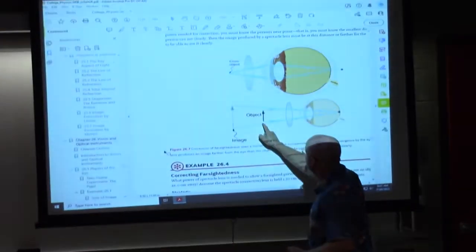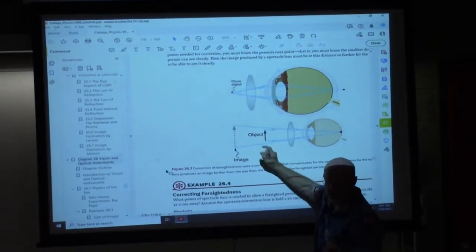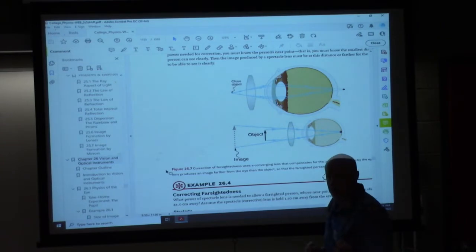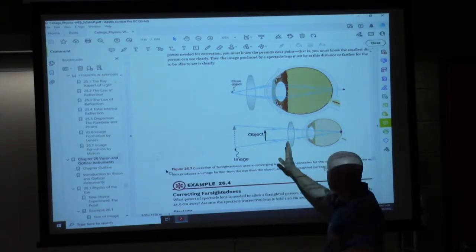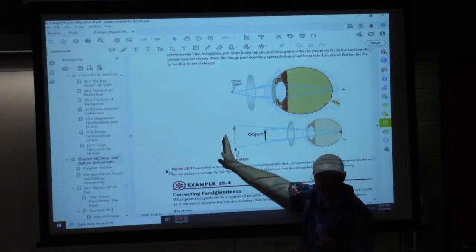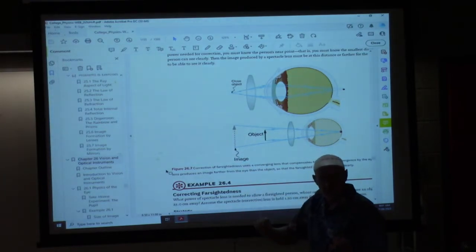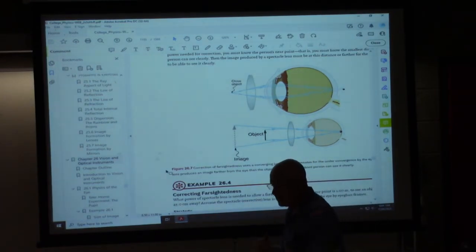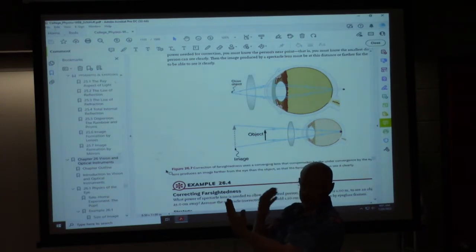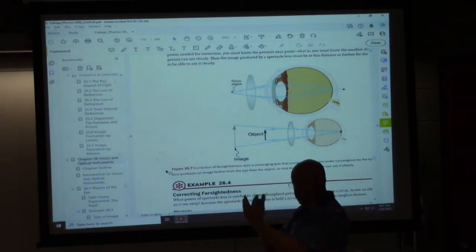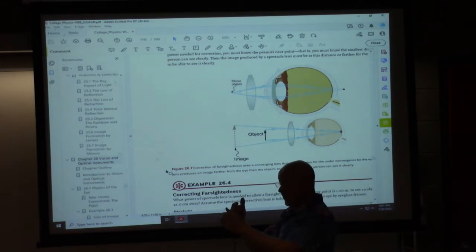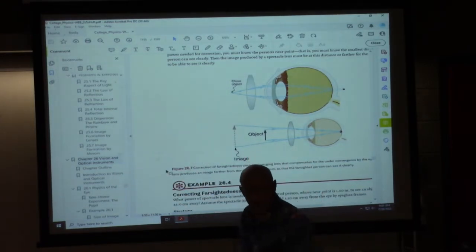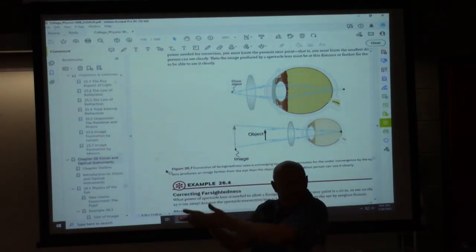Let's say he's reading something. Here's the object. He wants to then make an image of it that is further away, so his eyes can focus on it, right? His way of correcting it would be to take something that he can't normally focus on that's close, and send it through a lens so the lens gives it the appearance of being over 2 meters, because then his eyes can focus on that.